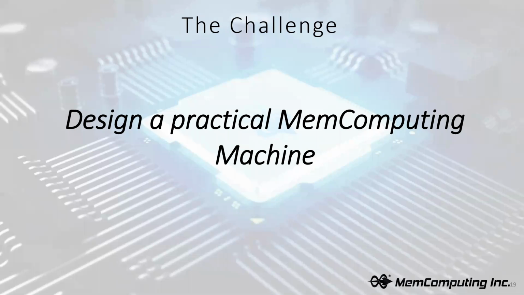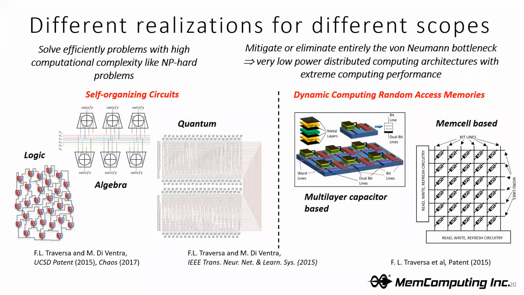And obviously, here is the challenge. That's all theory, but how can we design a practical computing machine, something we can actually use to solve hard problems? We have been working since roughly 2015 on designing MemComputing machines, and we have divided them into two big families. One is self-organizing circuits, which we use to solve hard combinatorial problems.